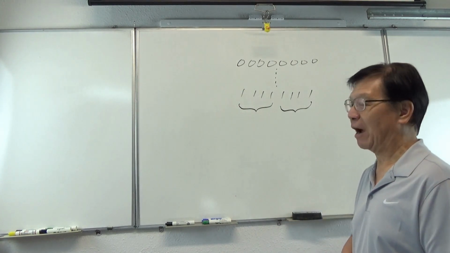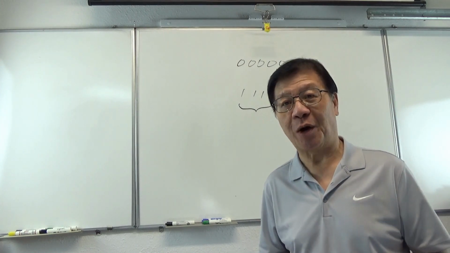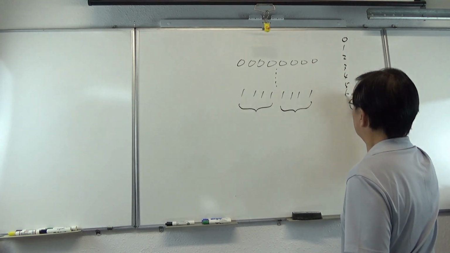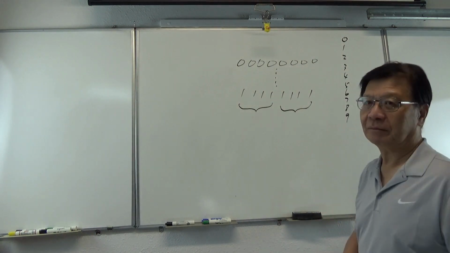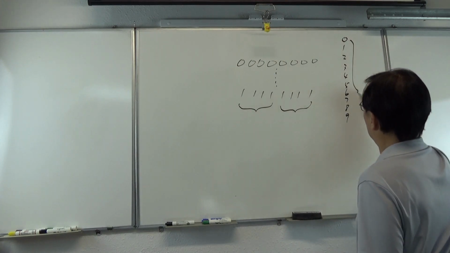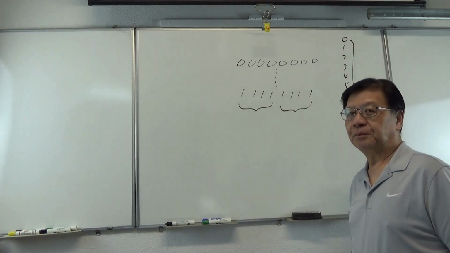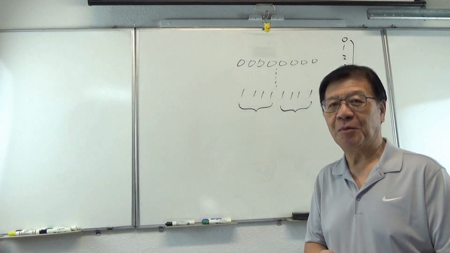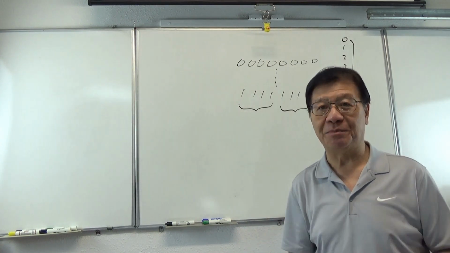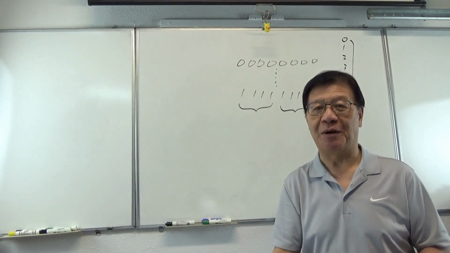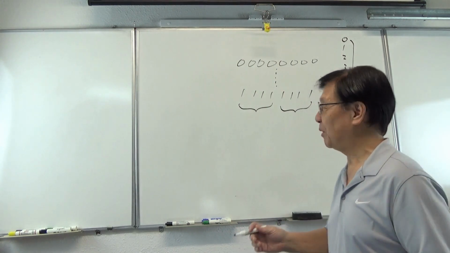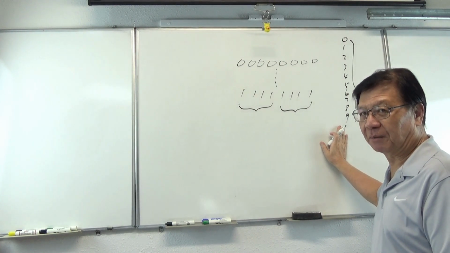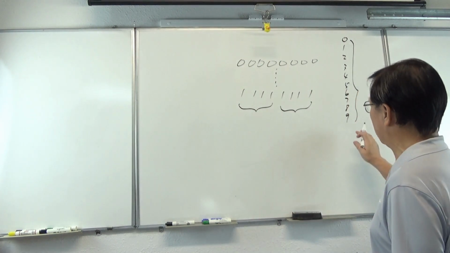The decimal system has only 10 symbols, right? 0, 1, 2, 3, 4, 5, 6, 7, 8, 9. Only 10 symbols. But based on the 16 base numeral system, we need more symbols. We just borrow from English letters. Beyond 9, we don't have 10 in the decimal system as a single symbol.